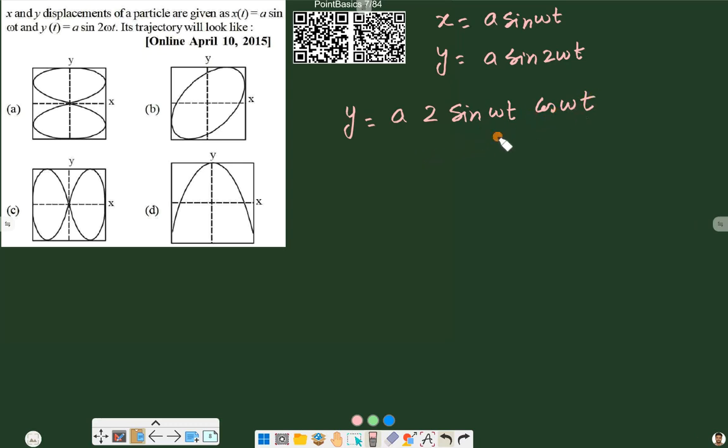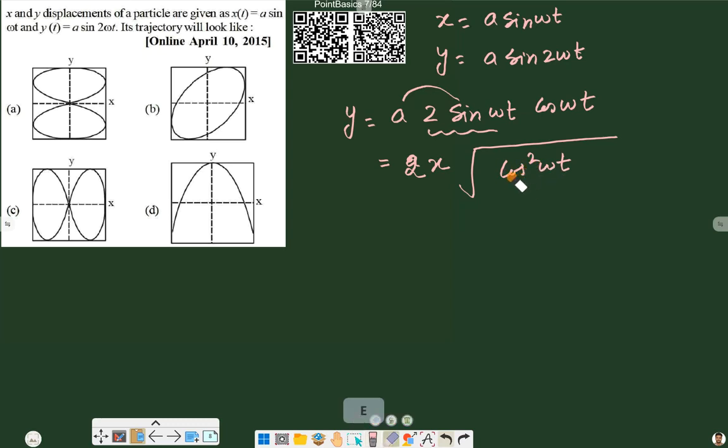And a into sine omega t will be equal to x, so it will be 2x, and cos omega t can be written as under root of cos square omega t, and we can write this cos square omega t as 1 minus sine square omega t, and from this sine omega t is equal to x by a.